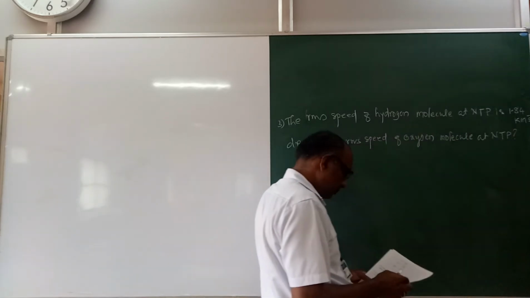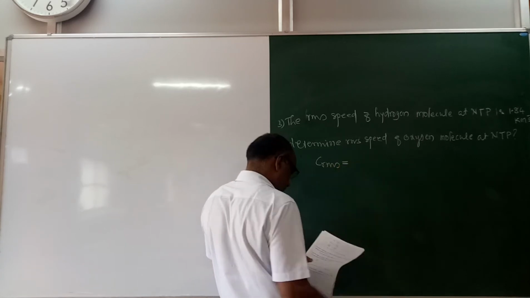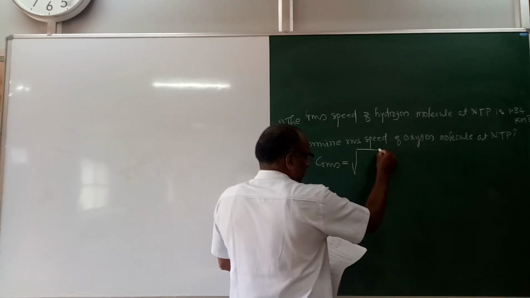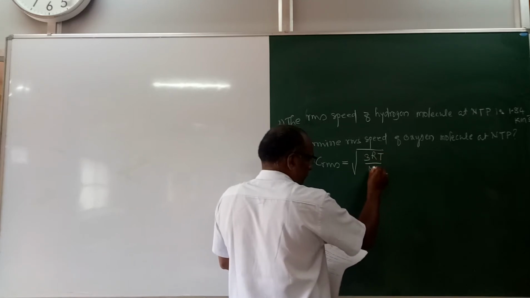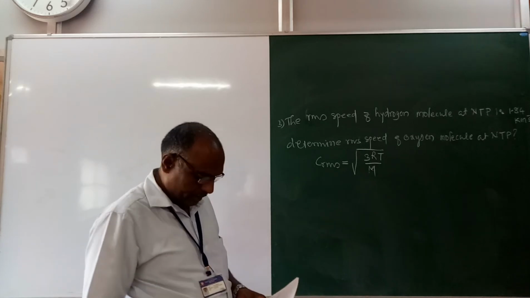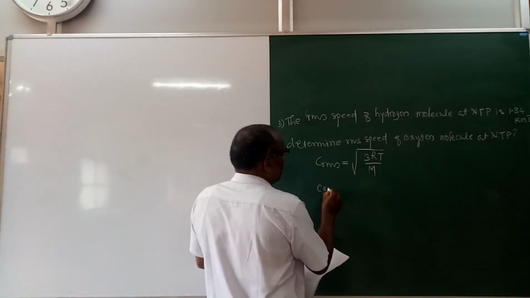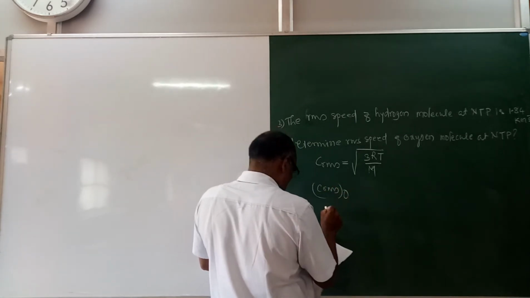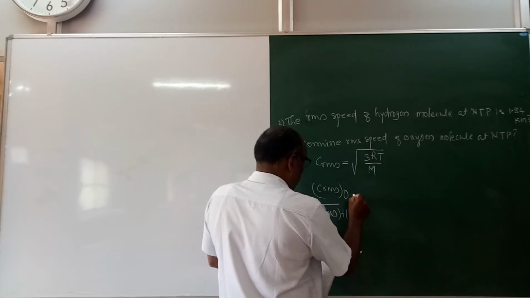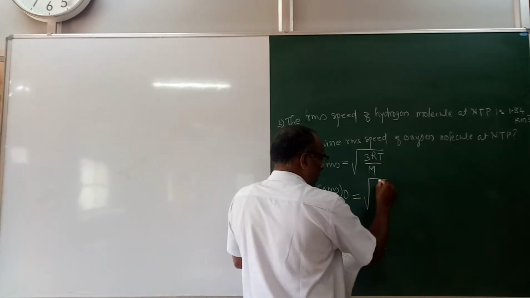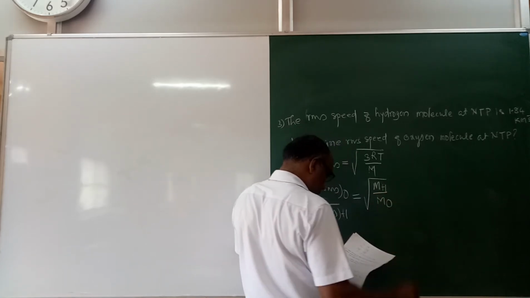This is CRMS equal to square root of 3RT upon M. So the CRMS of oxygen to the CRMS of hydrogen will be equal to under square root MH upon MO, that is oxygen.